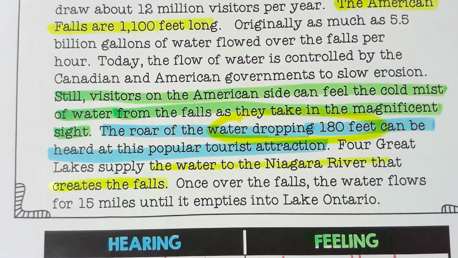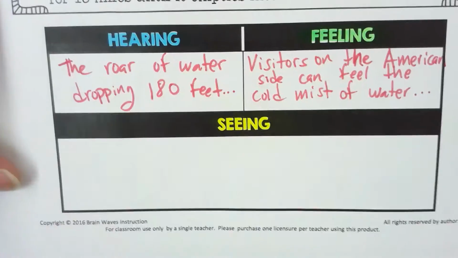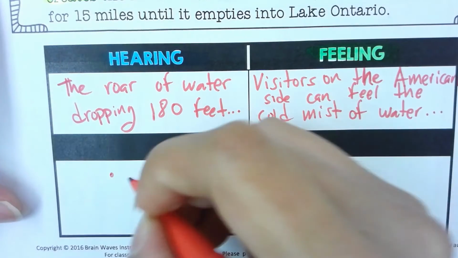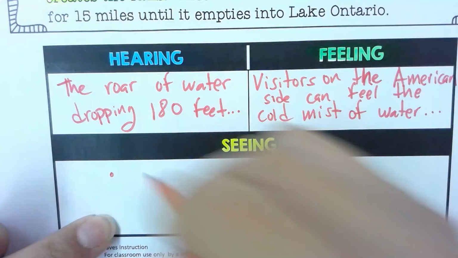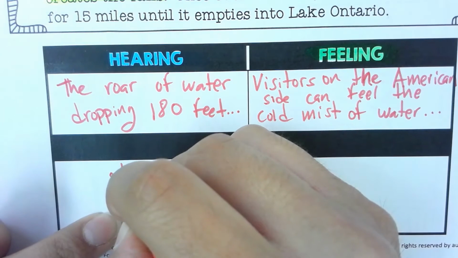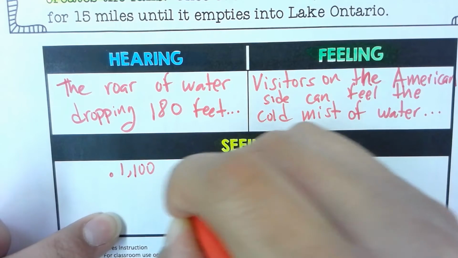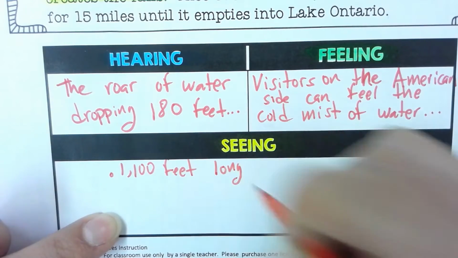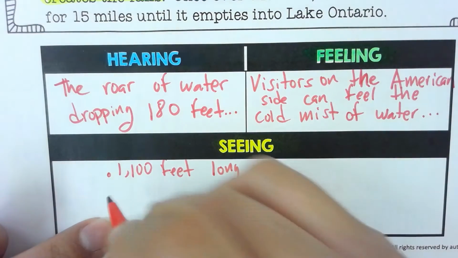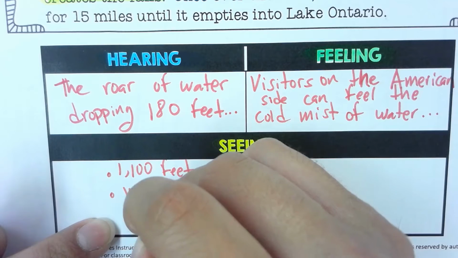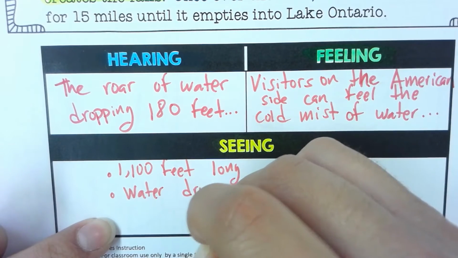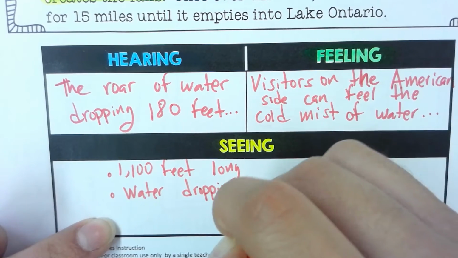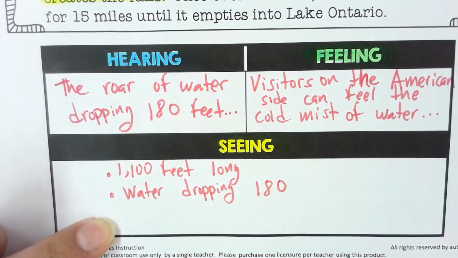So after you highlight these descriptive details, I want you to write, we're going to use bullet points for this. Seeing, they can see the 1,100 feet long falls. They can see water dropping 180 feet.